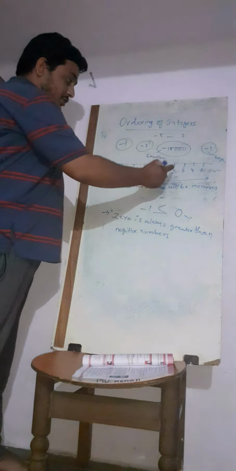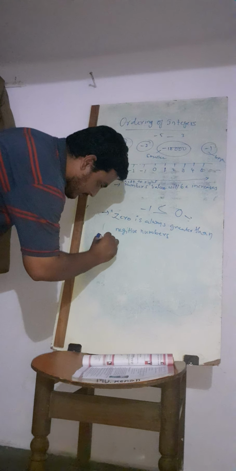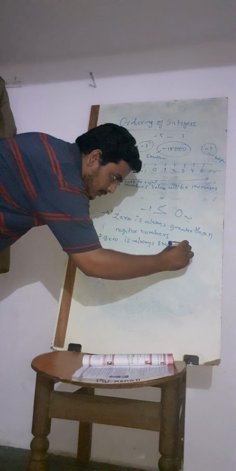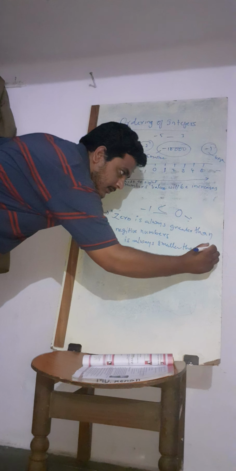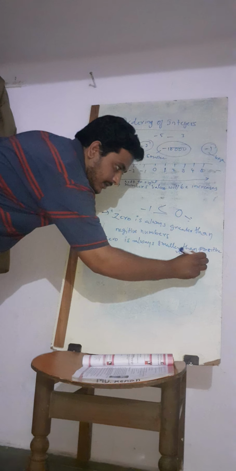When it comes to positive numbers, 0 is smaller. You can write this also: 0 is always smaller than positive numbers. Remember this.